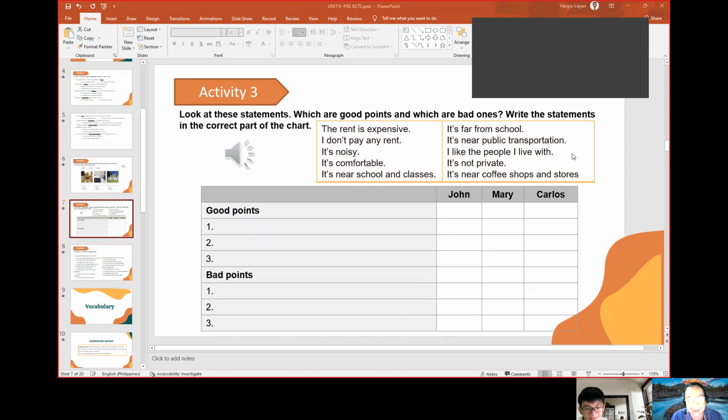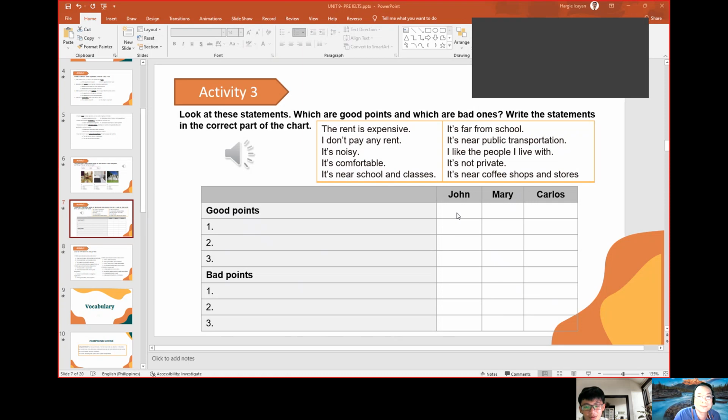Okay, next column. Good points. First, it's near public transportation. That's correct. Second, I like the people I live with. Yes, correct. The third one, it's near coffee shops and stores. Yes. And how many bad points are there in the second column?